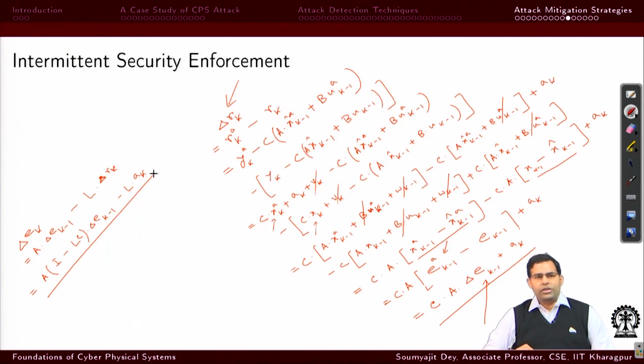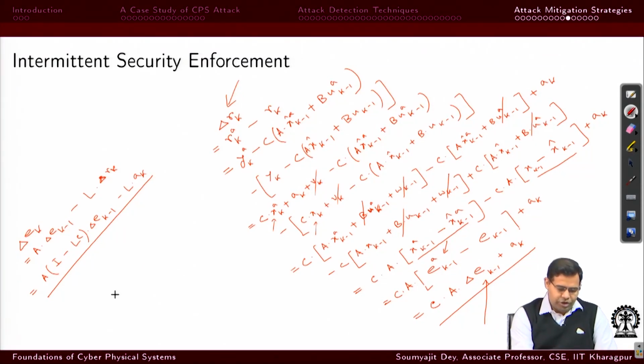So, you see this is telling me that in one step of control, let us say I have a security reinforcement here due to which this value will be 0 here, but then in the next step, with sampling period h, the maximum possible value that I can get for the extra state estimation error getting injected to the system would be bounded by this value, and then again it would be bounded by this value, right.